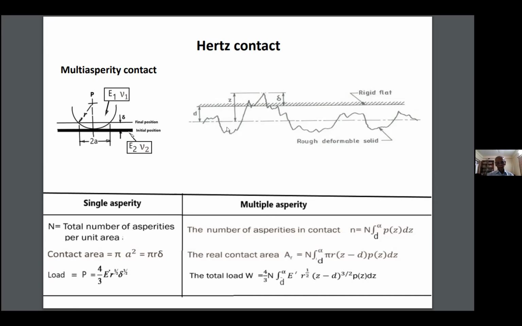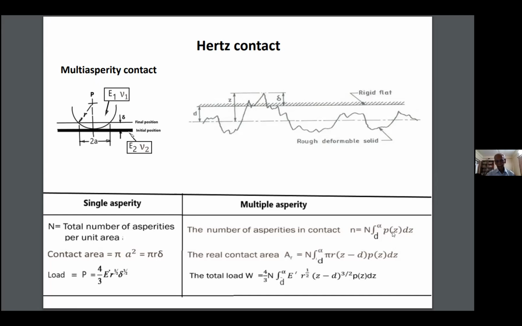Then the number of asperities that come into contact at any given position D of the flat plate will be given by N. Capital N is the total number of asperities per unit area, integrated with the probability density function, Pz.